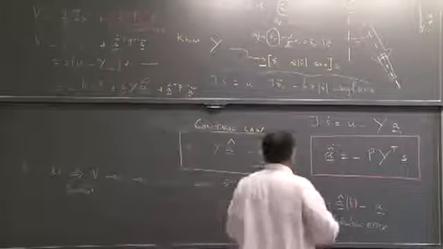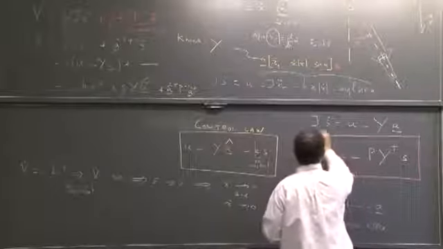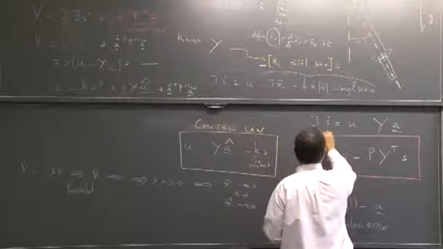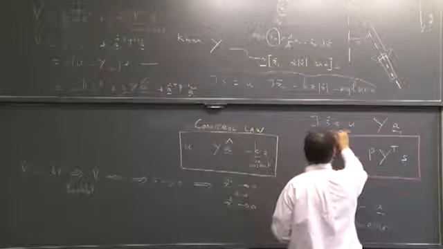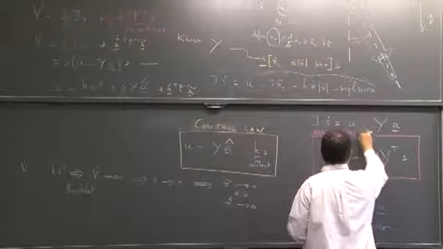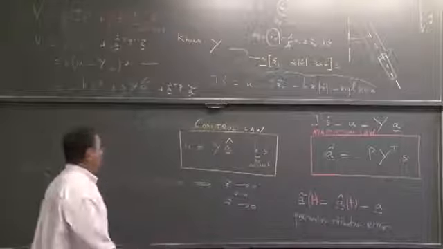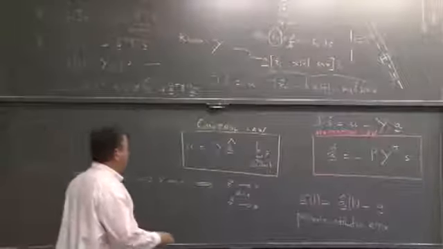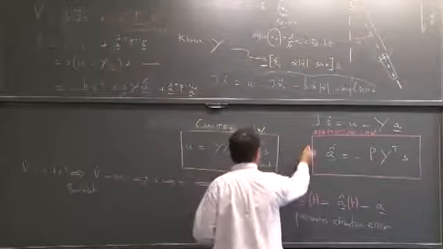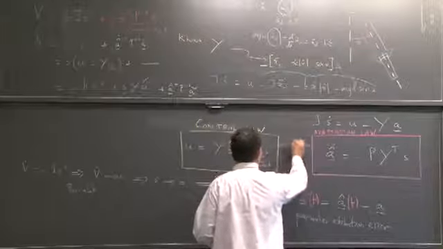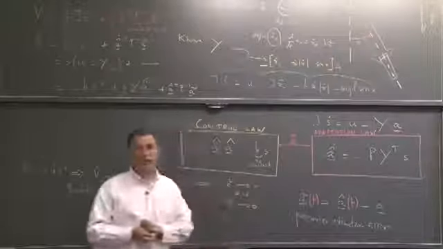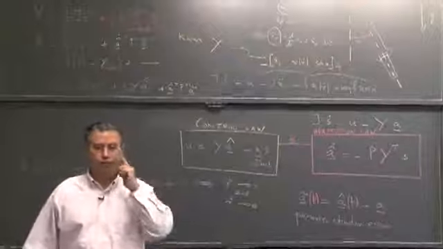Okay? So this is an adaptation law. And this adaptation law basically feeds the control law, right? It gives A hat to be used in the control law.